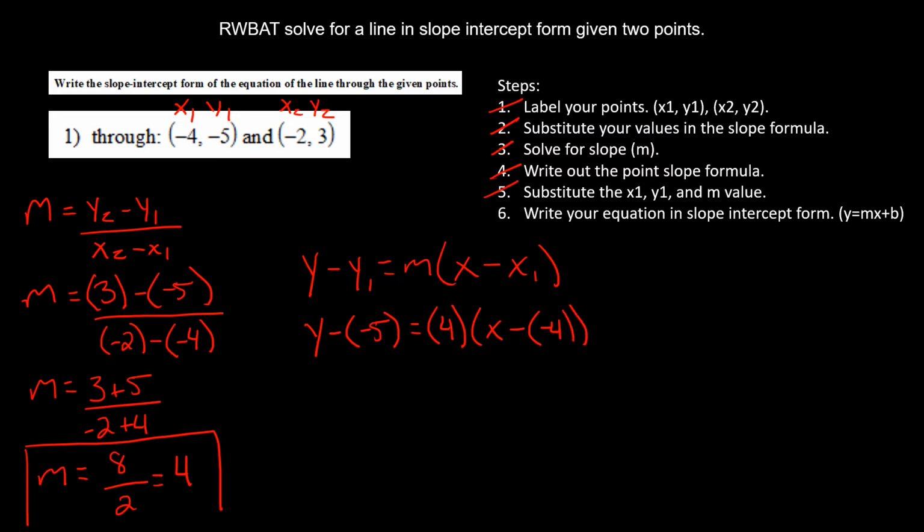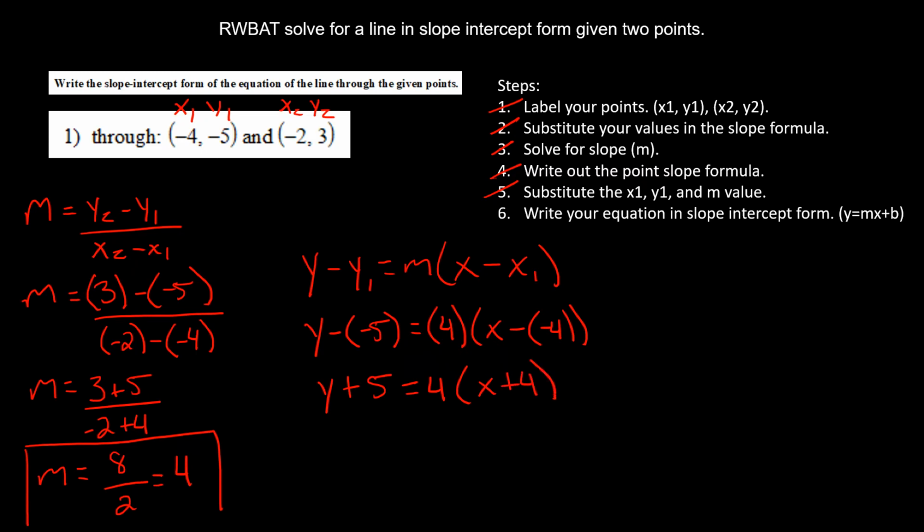So we substitute it. Now we're going to clean this up and write in slope-intercept form. So we'll have y minus negative becomes plus 5 equals 4 times x minus negative becomes plus 4.